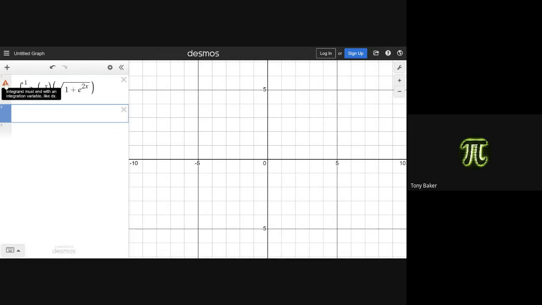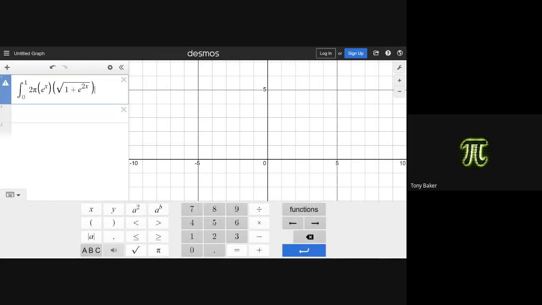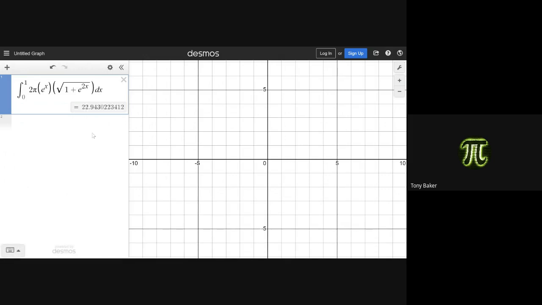Oh, I forgot the dx at the end. There we go. So it'll give it to you as a decimal answer. The surface area for this one is approximately 22.94.